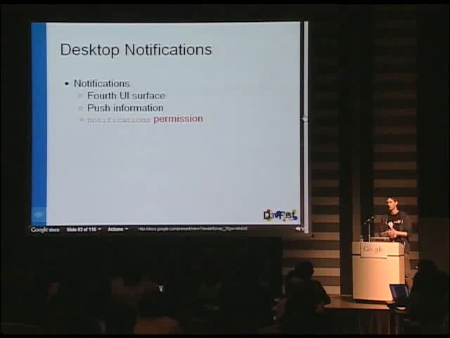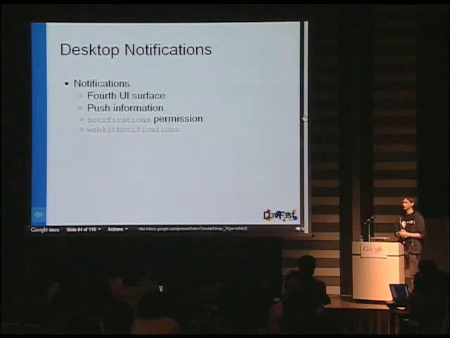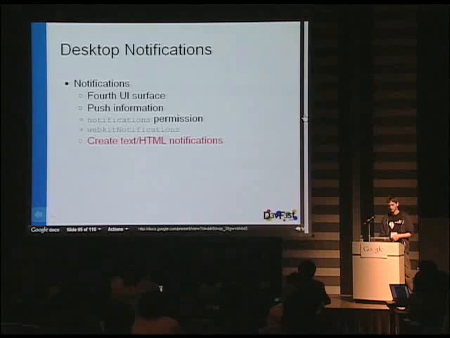You just ask them one time at install time. The namespace for this API is WebKit notifications, because this is actually built into WebKit, not exclusively in Google Chrome. There are methods for creating both text and HTML notifications, and methods for showing and hiding those notifications.